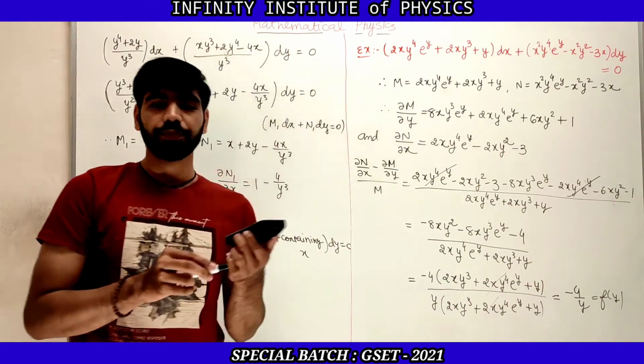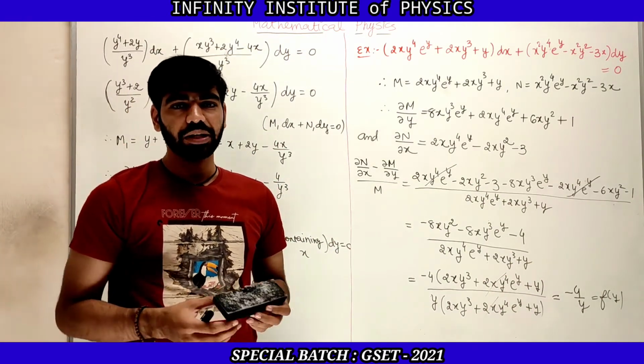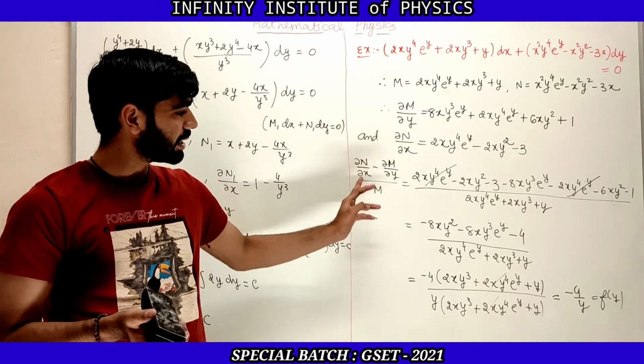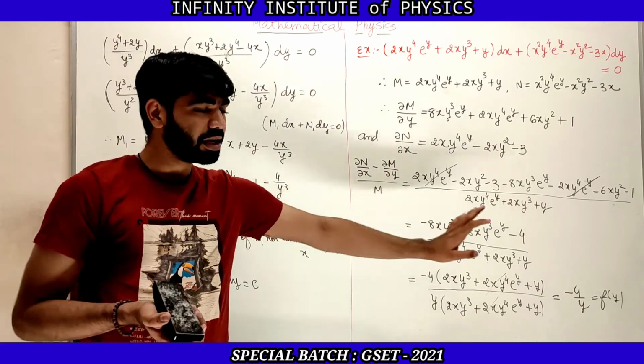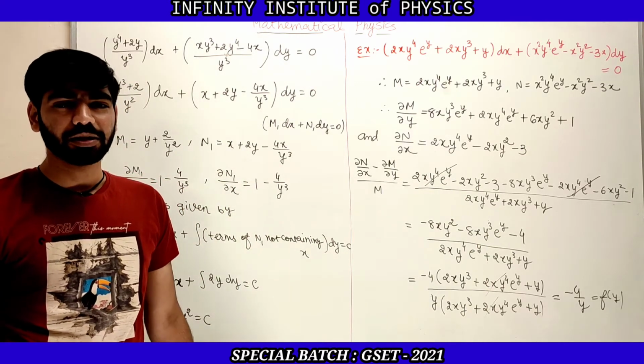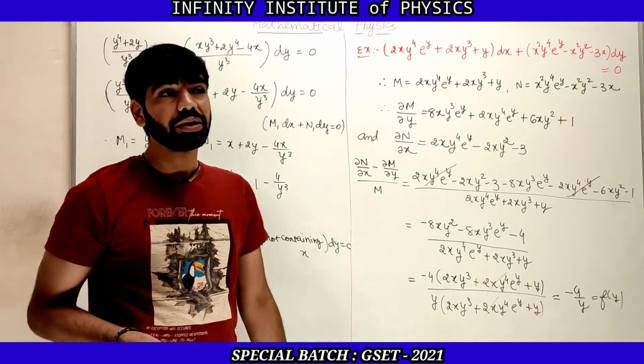That is f of y. So somehow you need to convert this (∂N/∂x minus ∂M/∂y) upon M into only a function of y. And after that, you just need to find the integrating factor.